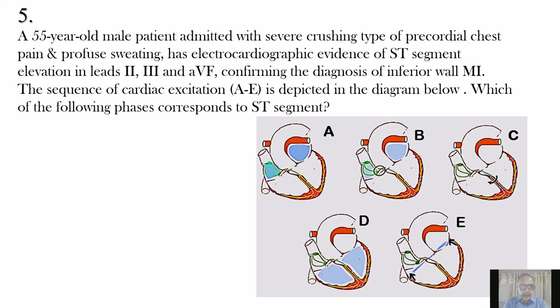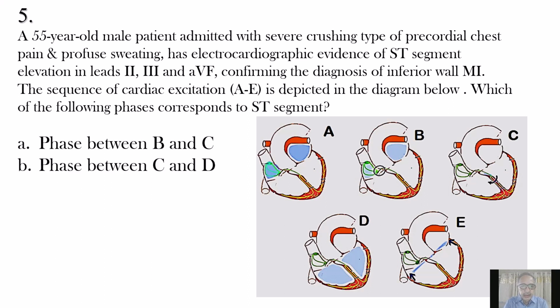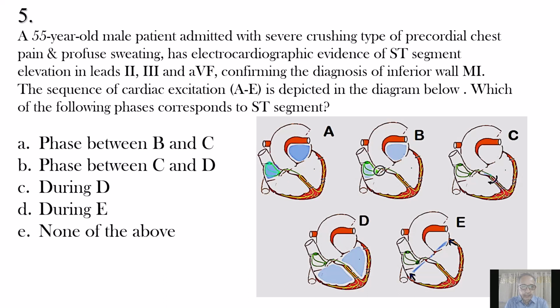Which of the following phases corresponds to the ST segment? The phase between image B and image C? Between C and D? During D? Or during phase E? There is another option, none of the above.